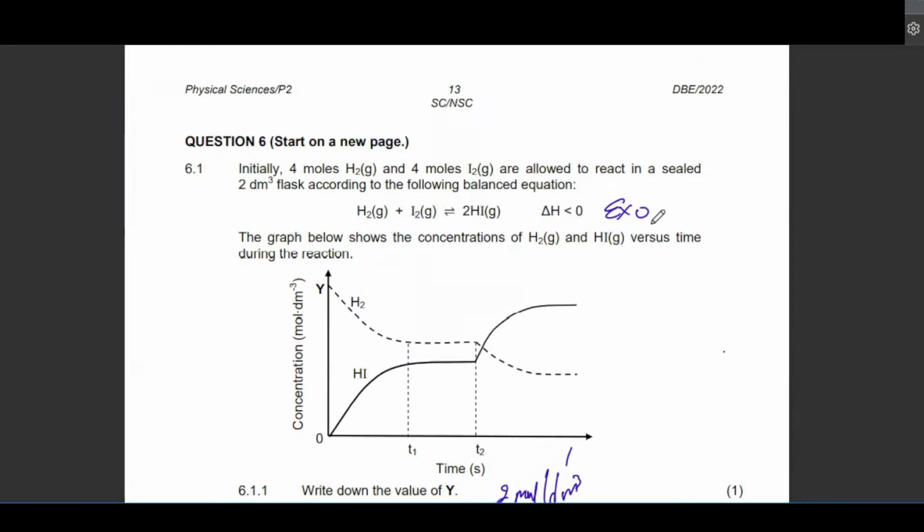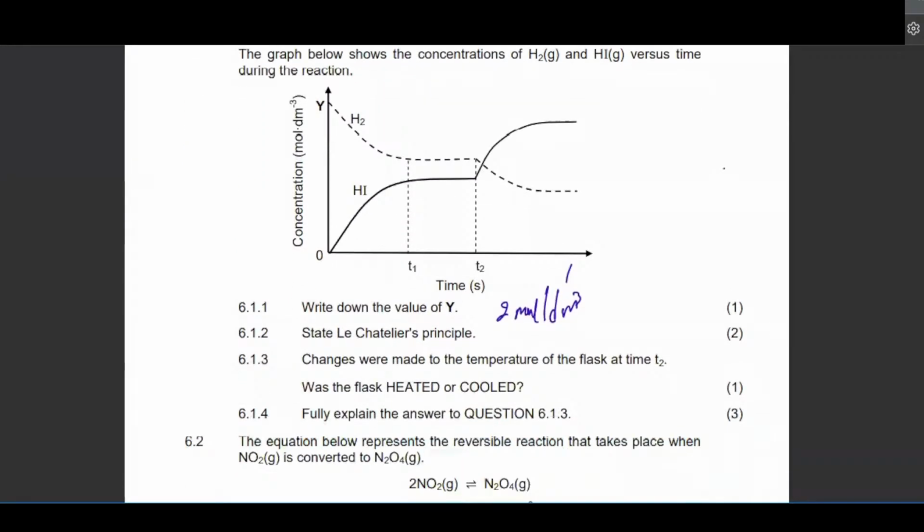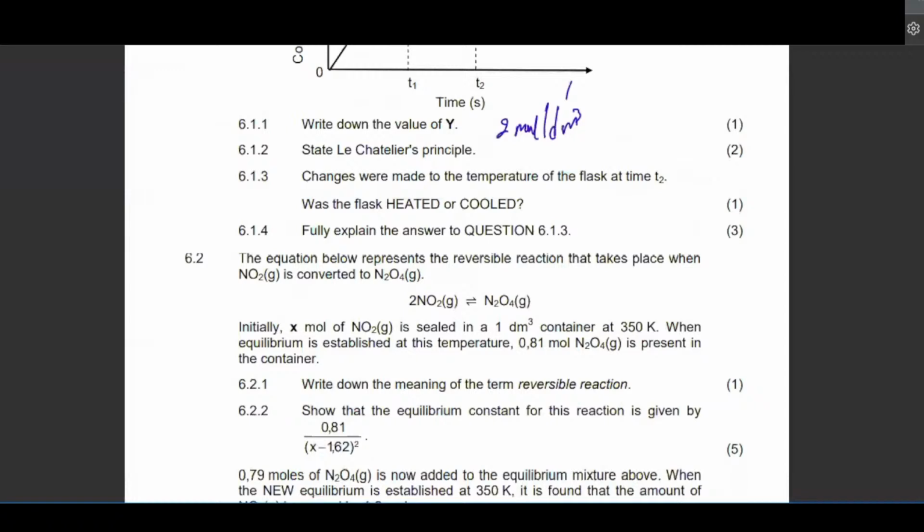Then it means that because it is exothermic, the forward reaction will be favored by a decrease in temperature, because an exothermic reaction doesn't need heat. So when you cool it down, the forward reaction is going to be favored. So that is the answer. It's exothermic because it's favored by lowering the temperature. Therefore, the forward reaction is going to be favored as an explanation.